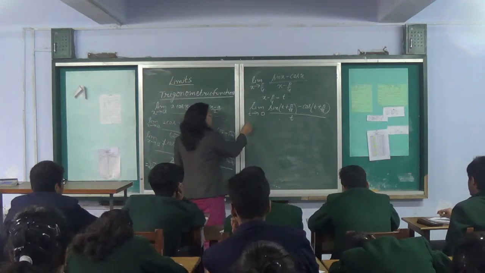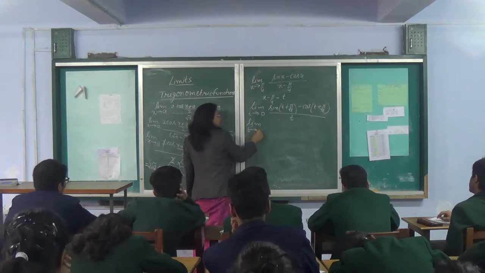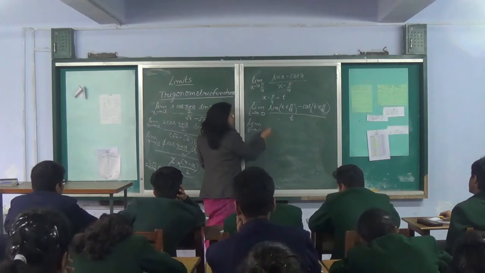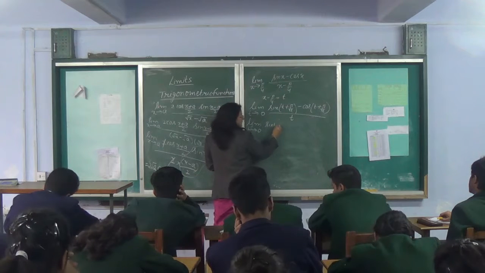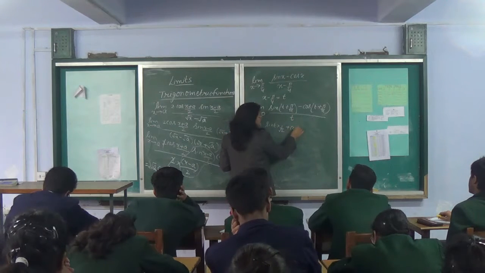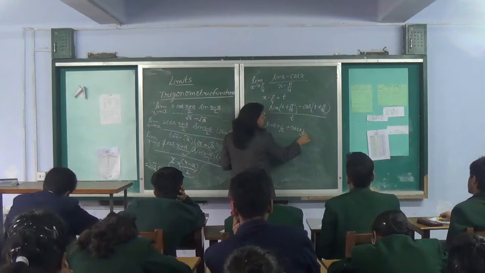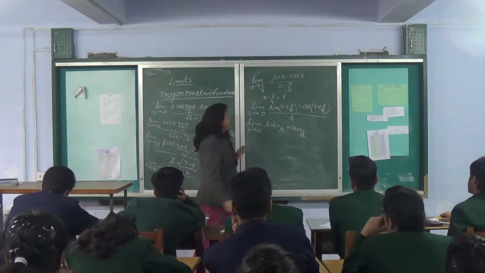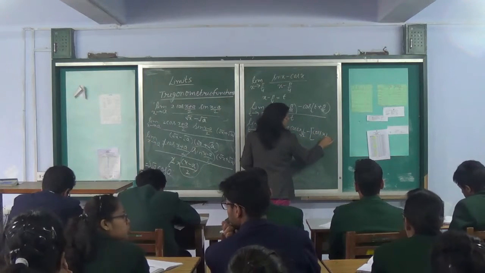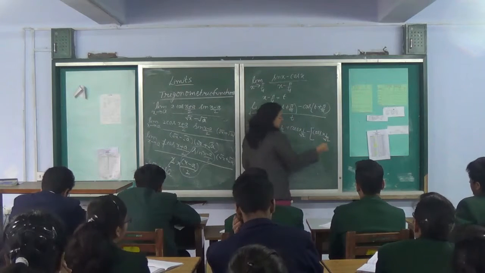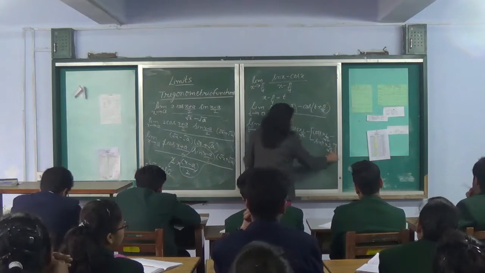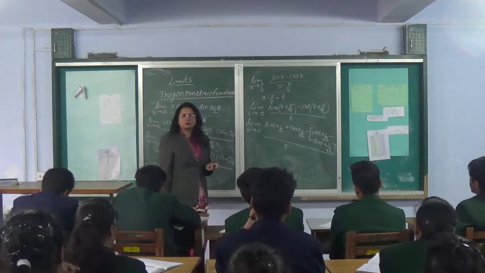So you have limit t tending to 0. Open it, using sin A plus B, which is sin A cos B, so that is 1 by root 2, plus cos A sin B, so sin pi by 4 is again 1 by root 2, right, minus cos A cos B minus sin A sin B, which is again 1 by root 2.